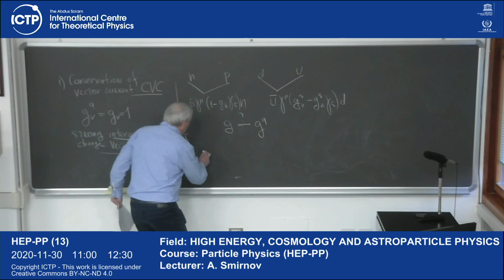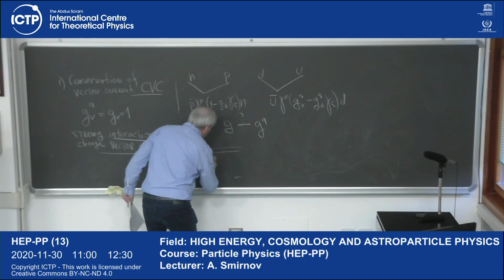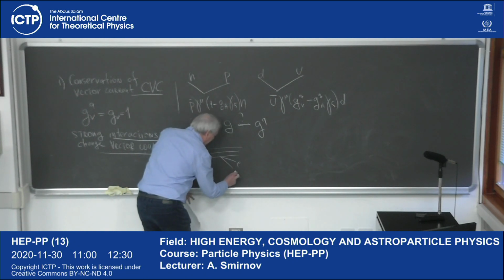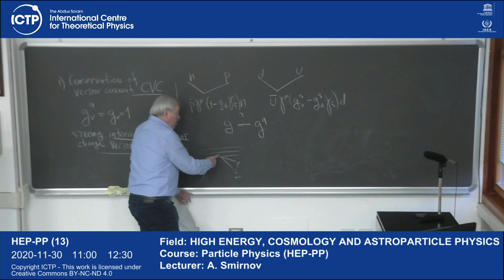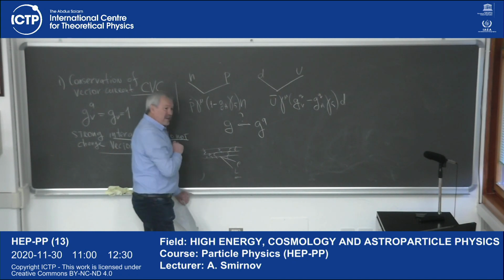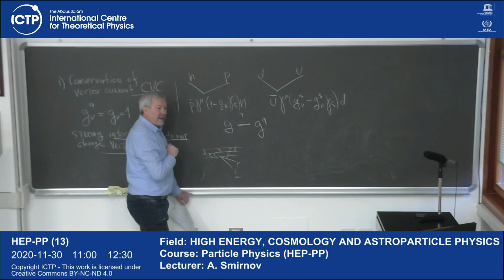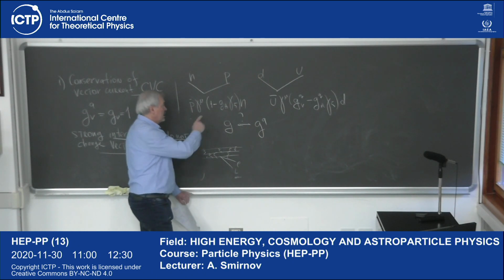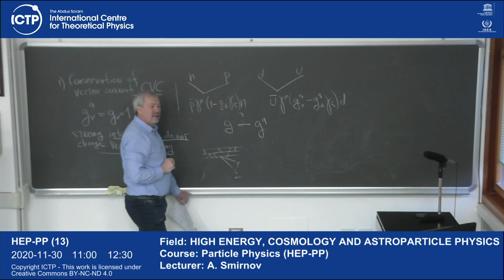So maybe I will again remind you that we have 3 quarks, and one of the quarks emits a leptonic pair. But on top of this there are very strong interactions between quarks, so they exchange, as you will see, gluons. But these interactions do not affect the vector coupling, and it is the same at quark and hadron level.